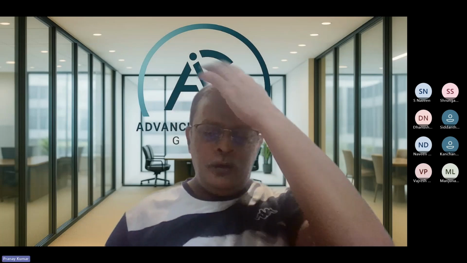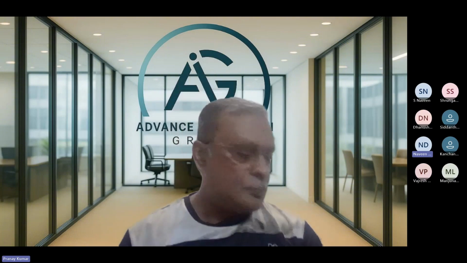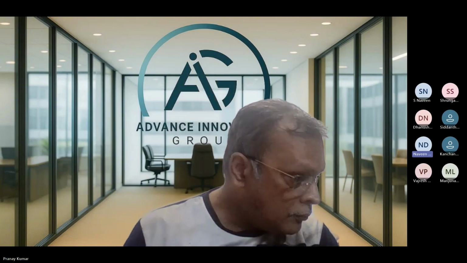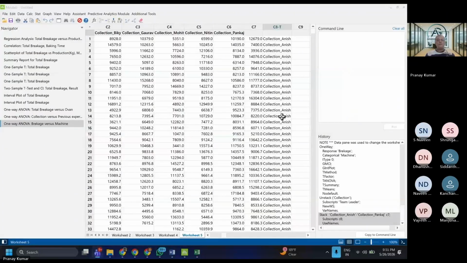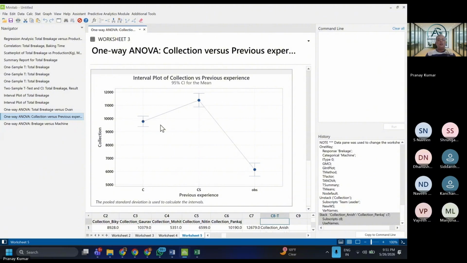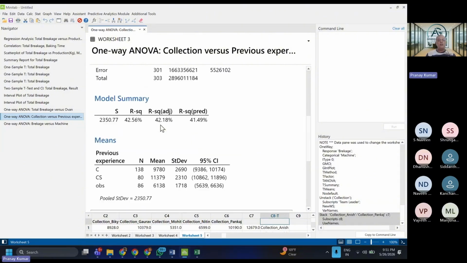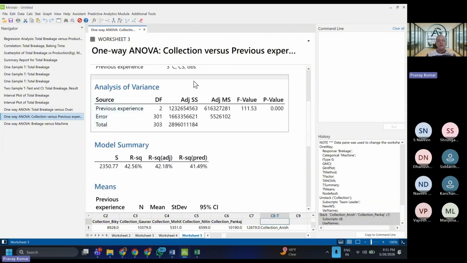Cool then, people. R square adjusted and prediction, I think tomorrow, because I want to technically explain that to you guys. Please understand, when you are doing a one-way ANOVA test, you see these values here, the analysis of variance values.